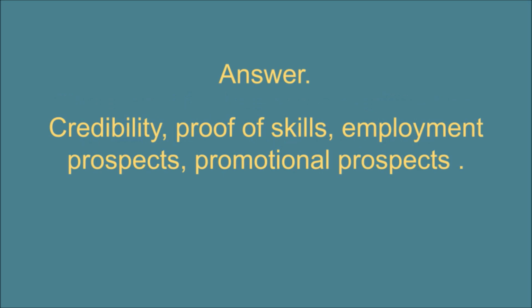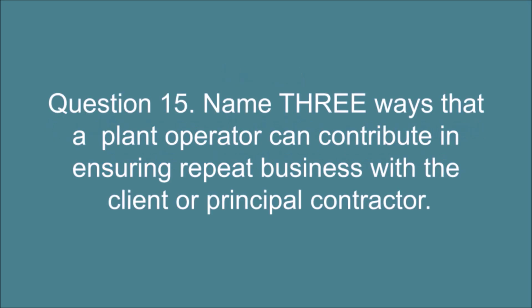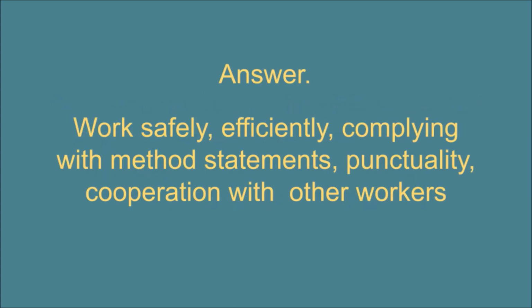Credibility, proof of skills, employment prospects, promotional prospects. Question 15. Name 3 ways that a plant operator can contribute in ensuring repeat business with the client or principal contractor. Answer. Work safely, efficiently, complying with method statements, punctuality, cooperation with other workers.